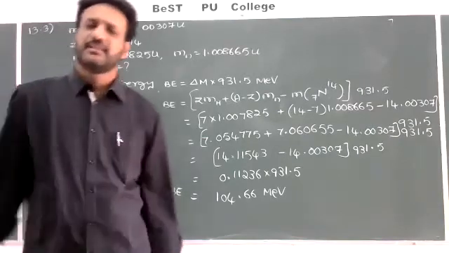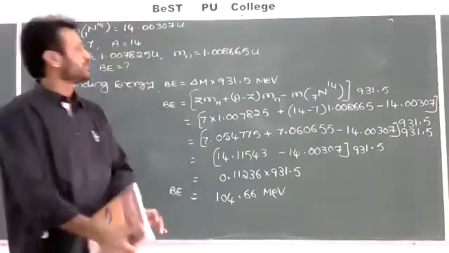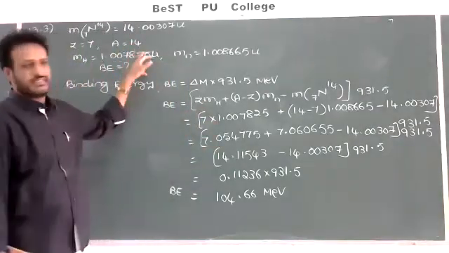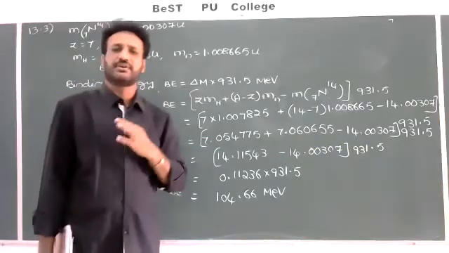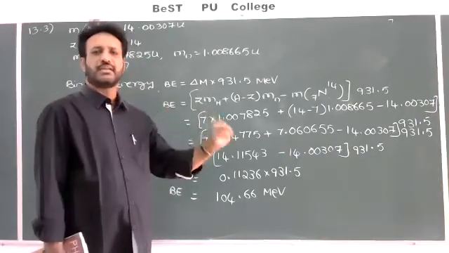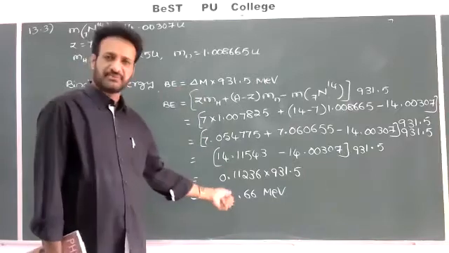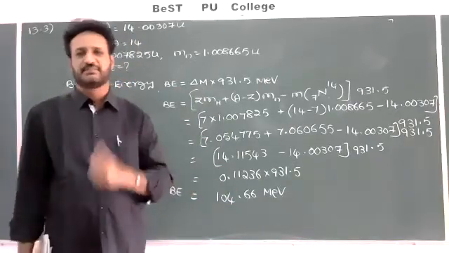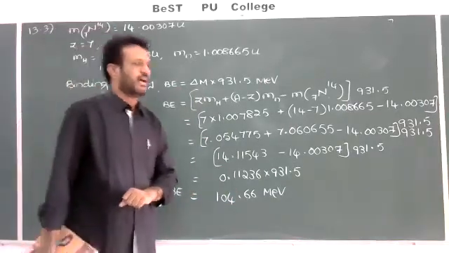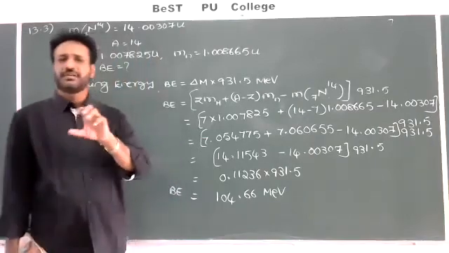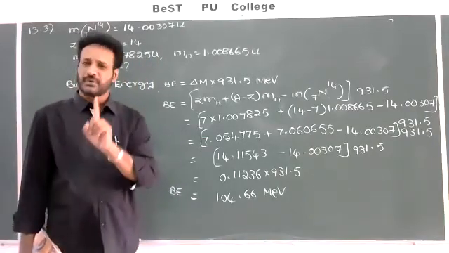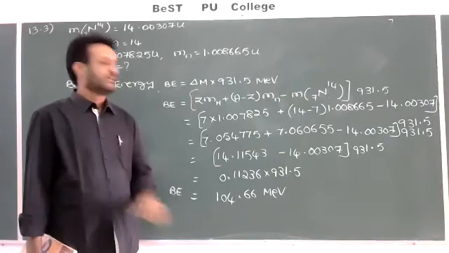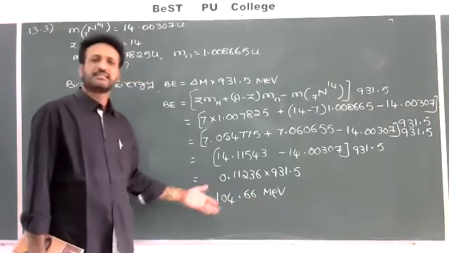What does it mean? The nitrogen nucleus contains a total of 14 nucleons. If you want to break the nitrogen nucleus and take all the 14 nucleons outside, this much energy we need to supply. That's important. For example, if I don't want to bring all 14 nucleons outside, but only one nucleon, how much energy is required? We should divide this value by mass number 14.